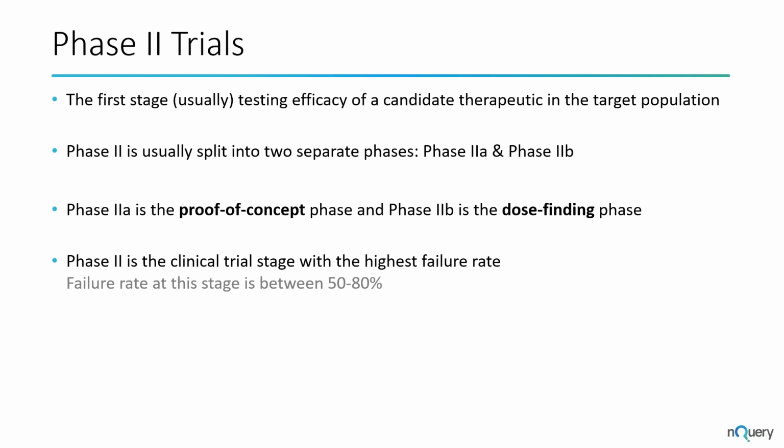Generally, phase 2 is split into 2 separate stages, phase 2a and phase 2b. Phase 2a is known as the proof of concept phase. In other words, does this drug do what we believe it does, and does it lead to better outcomes for patients? Phase 2b then is the dose finding stage.